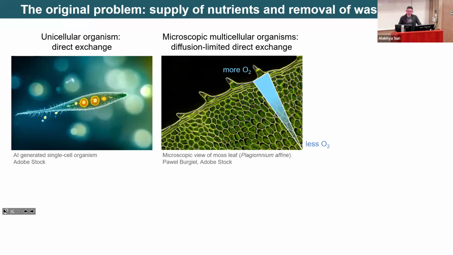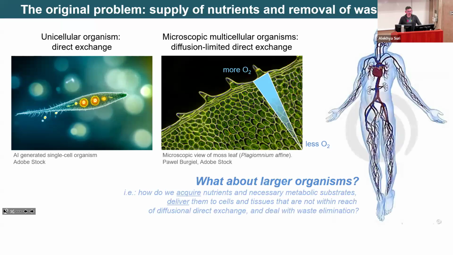But humans are not like any of these two scenarios, right? In humans, and any other larger organism, particularly multicellular organisms such as animals, right? And to a certain extent, plants as well. We have an issue, right?